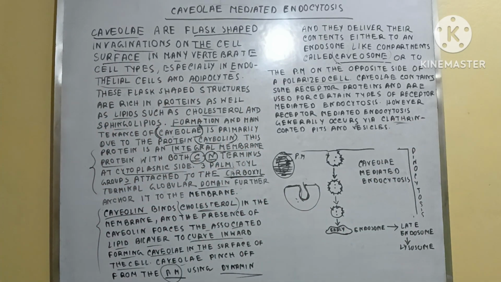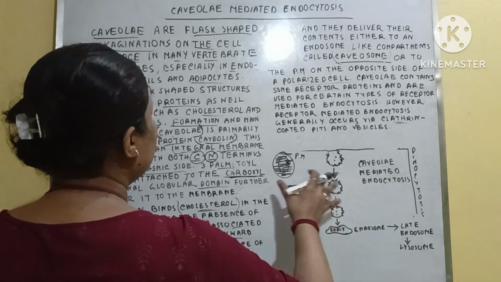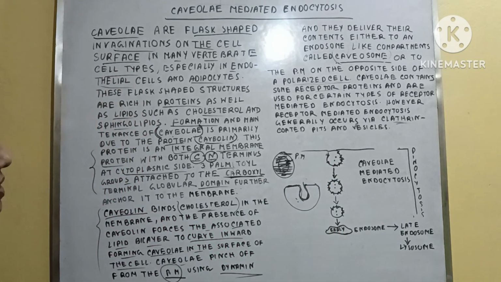Okay, so this is the rough structure of caveolae-mediated endocytosis, and this is the topic: how endocytosis is possible with the help of caveolae. Now we will learn, when caveolae or clathrin is absent, how endocytosis is possible. Okay, let's continue to the next topic.